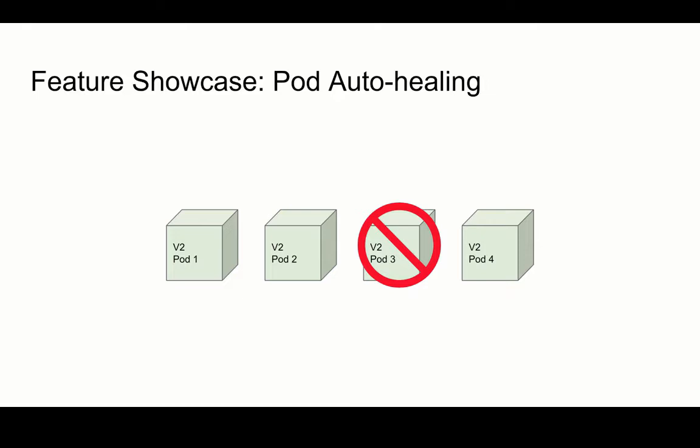So it'll automatically create a new instance of your microservice, and you are back to having 3 replicas. And should there be any persistent volumes that were attached to pod number 3, right, Kubernetes can then automatically reattach that to pod number 4, right, thereby allowing you to keep the state of your application.